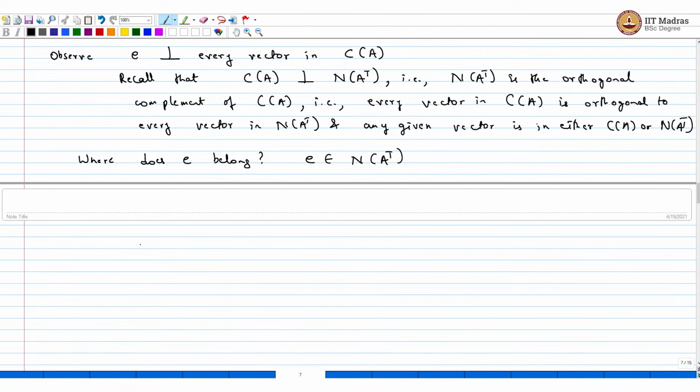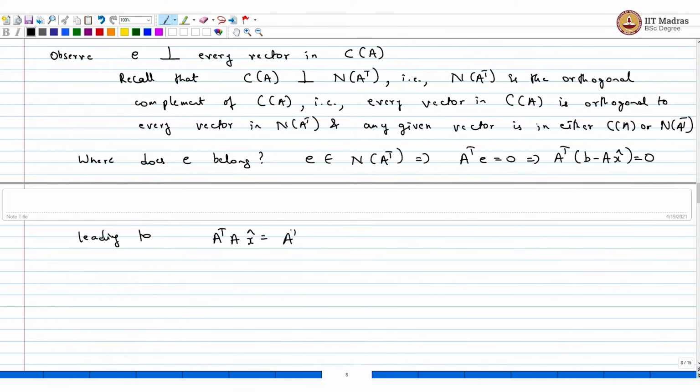Which is like saying, when a vector belongs to the null space of A transpose, A transpose times that vector e equals 0, which is equivalent to saying A transpose times (b minus A x hat) equals 0, leading to the most important equation, which is A transpose A x hat equals A transpose b.